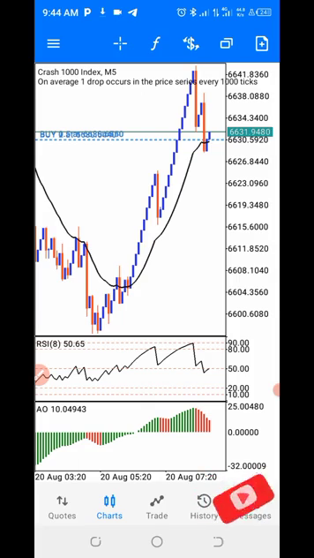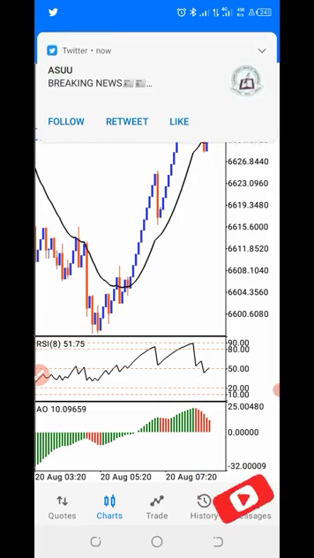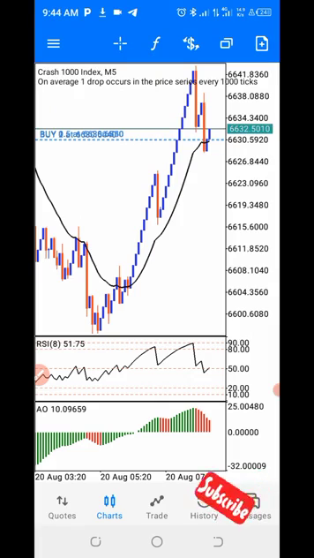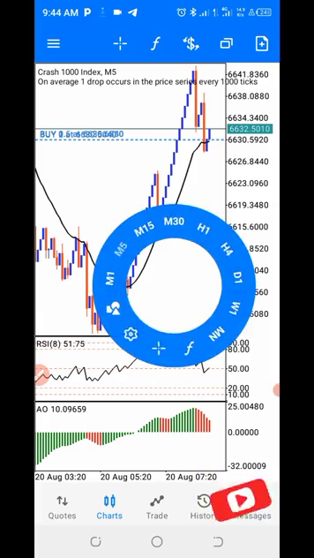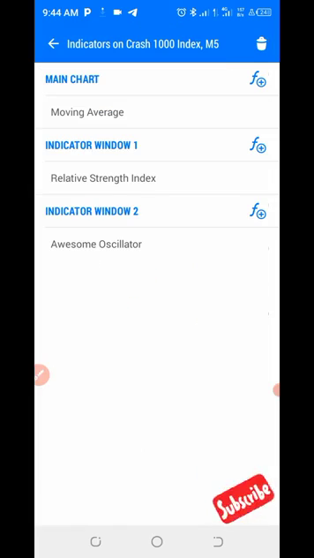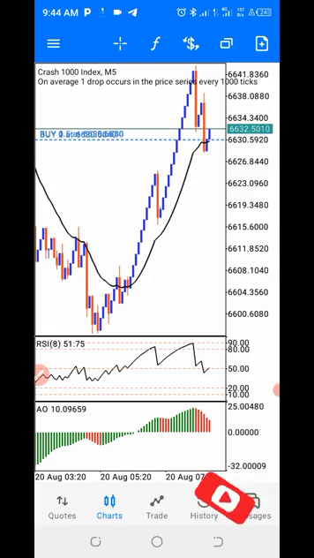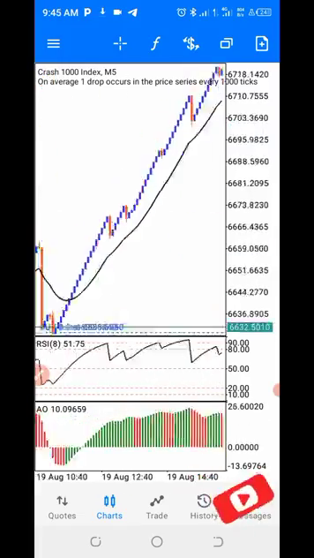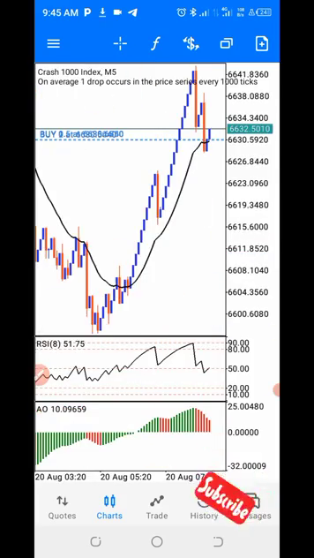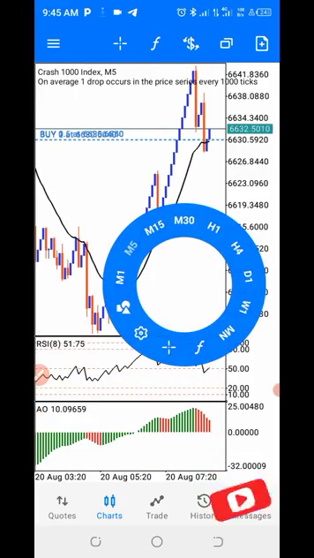One is a moving average, which is going to be on our main chart, while two other indicators are going to be on our indicator window.